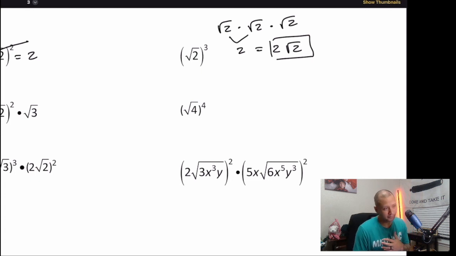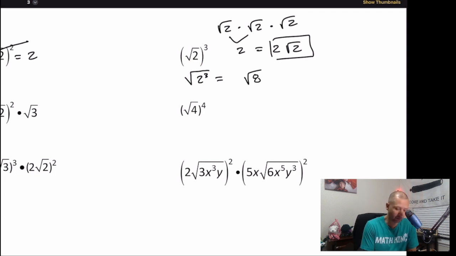It is worth mentioning right here that when you have a square root with a power, you could actually apply the power to the radicand, the part inside the square root. So this would be 2 cubed. So 2 times 2 is 4, times 2 is 8. So the square root of 8.